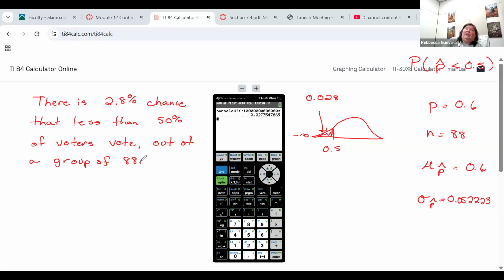So if we had like a little city election or something like that, 88 registered voters in a small town, and they had to come in and vote. If we have less than 50% of them come through, there is a 2.8% chance of happening.